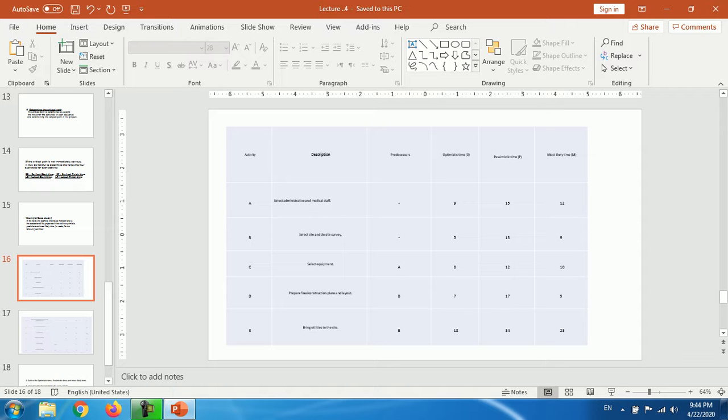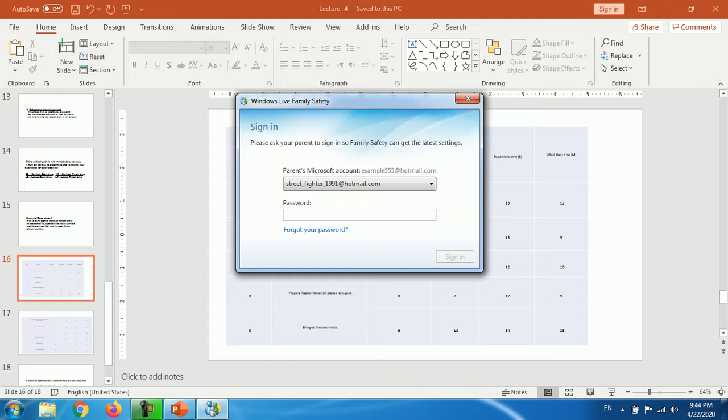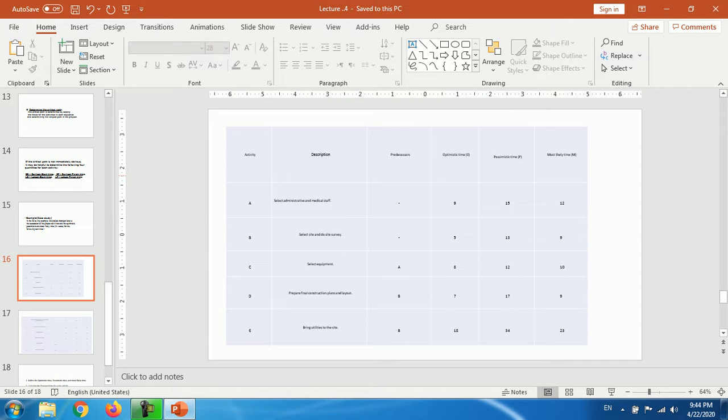Activity C. 8, 12, 10. Activity D. 7, 17, 9. Activity E. 18, 34, 23.